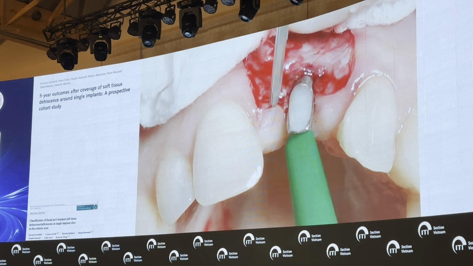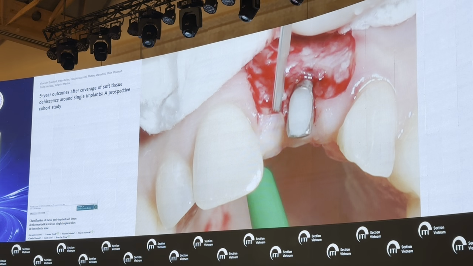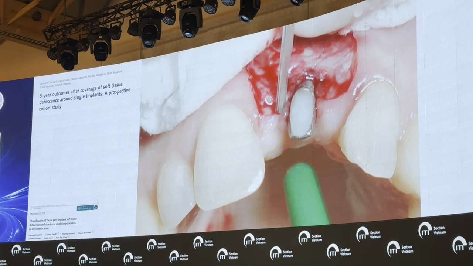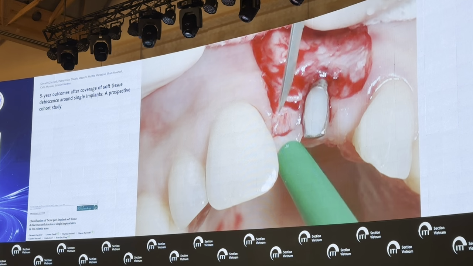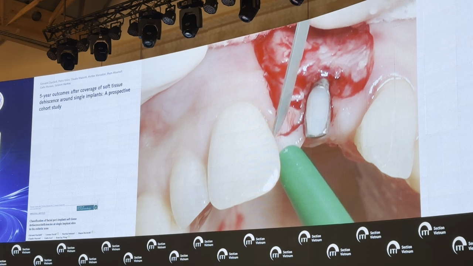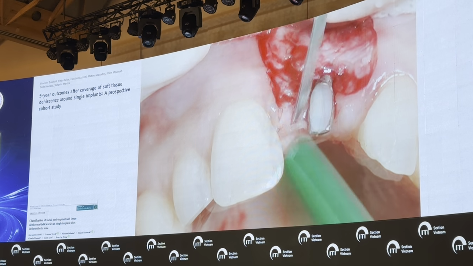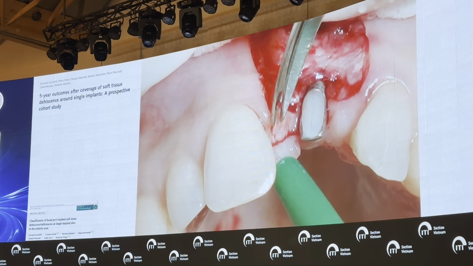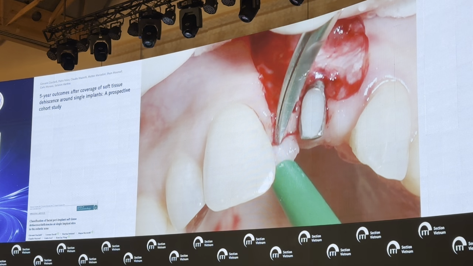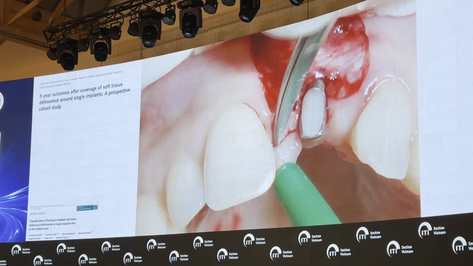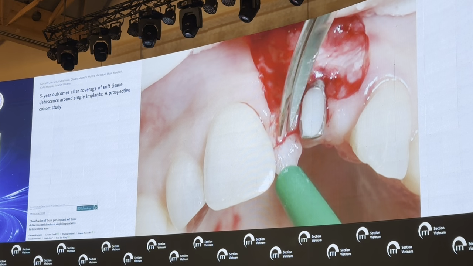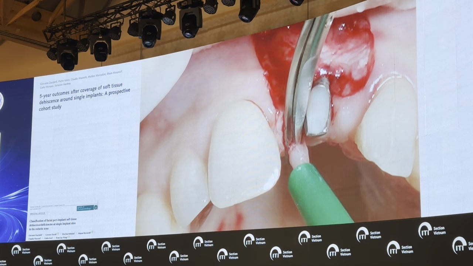And they have been performed at the beginning with the flap design, which is made only with the tip of the blade without touching the bone. And then the flap is raised completely split thickness, avoiding any periosteal damage with the blade. So I never experienced scar formation at the level of the vertical releasing incision.